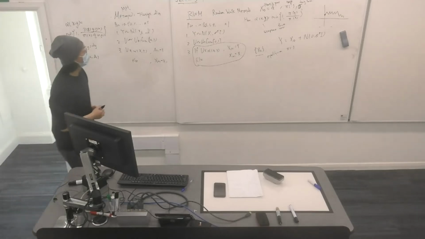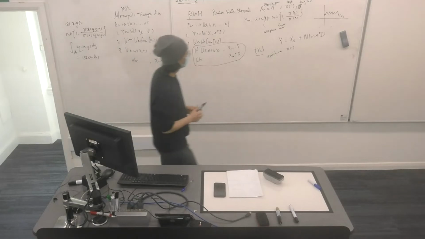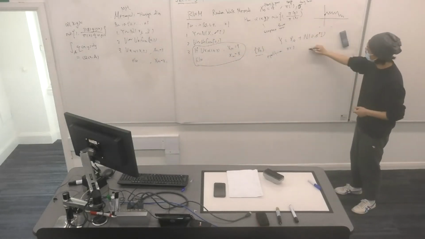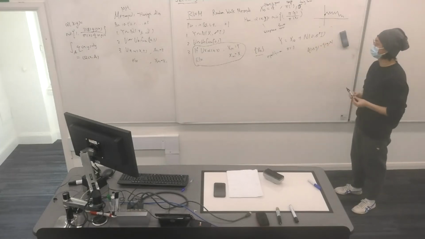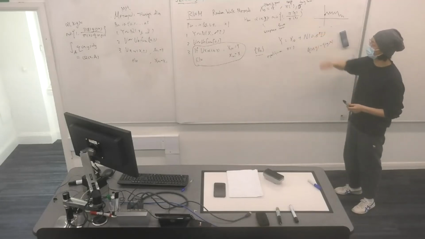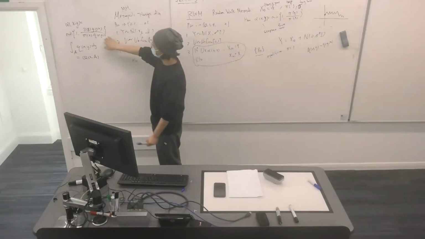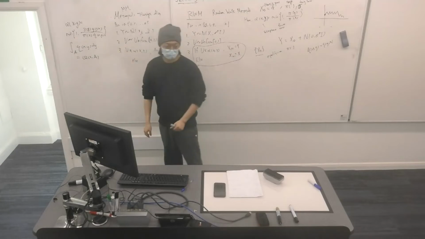In the Metropolis setting, the acceptance function does not include this q term, because q(x, y) is equal to q(y, x) in the random walk setting. But in other settings this might not be the case, so we may or may not need to include this term. This is the full picture of the Metropolis acceptance function.